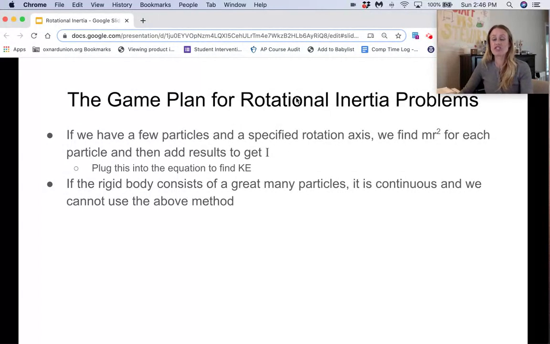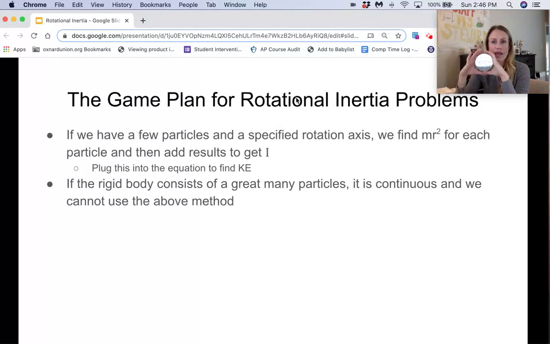Now, if the rigid body consists of a great many particles, it's continuous and we can't use that method, because if you're adding up the mass times radius squared of each tiny atom in this continuous body, it's going to take you forever since there's almost an infinite number of particles.